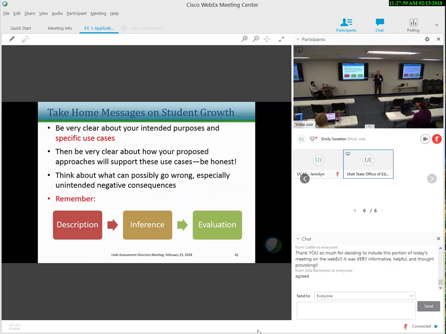It was helpful for us as we would build accountability systems, because they're going to be corrupted. People want to rush to evaluation. And I'm a judgmental person, so I understand that. But let's not rush to evaluation. We have to be able to describe what we're seeing first, then we think about the inferences we're making, and finally we make judgments about it.